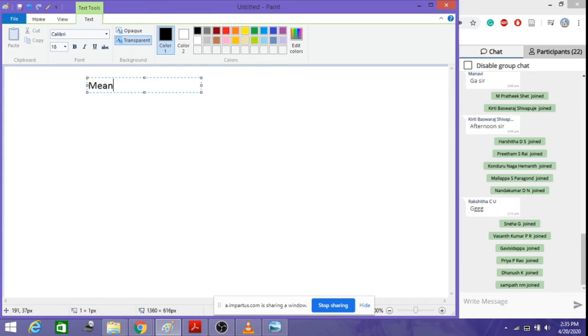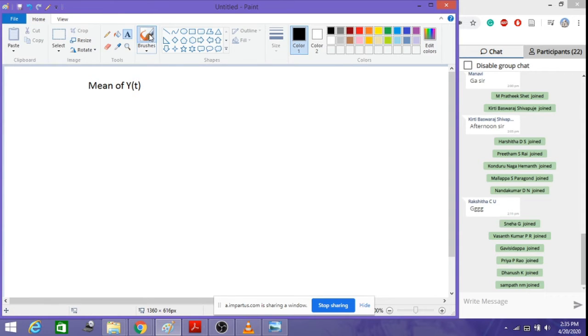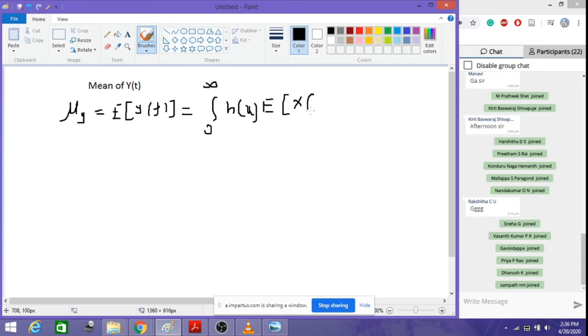Let us find the mean of y of t. That is defined by mu y is equal to the expectation of y of t, which is equal to the integral from 0 to infinity of h of u into the expectation of x of t minus u, du.